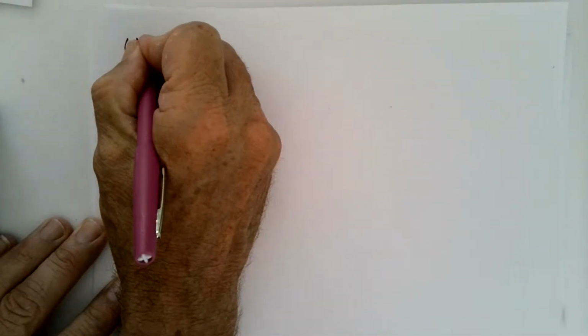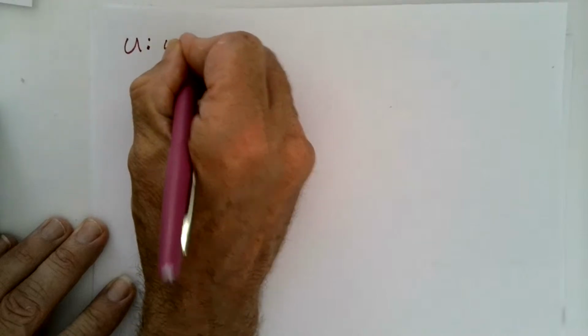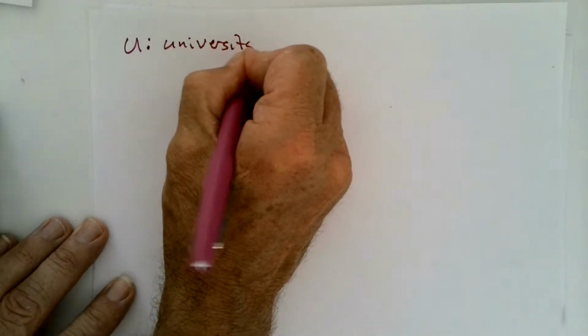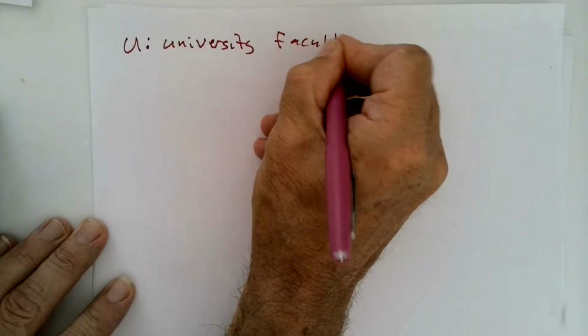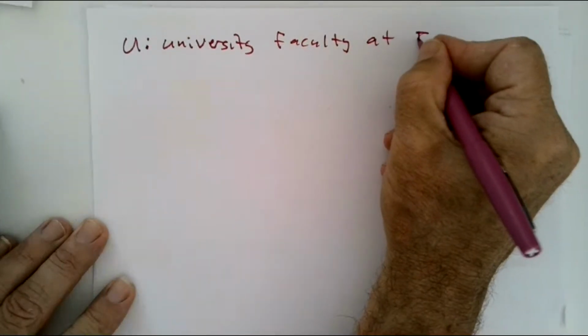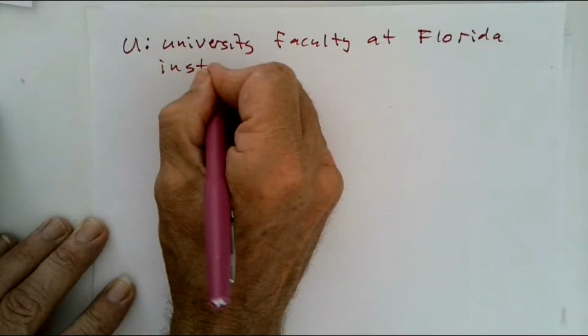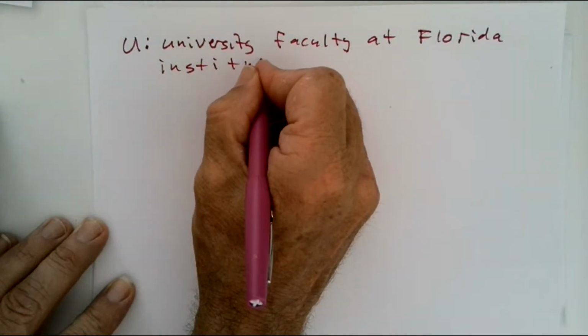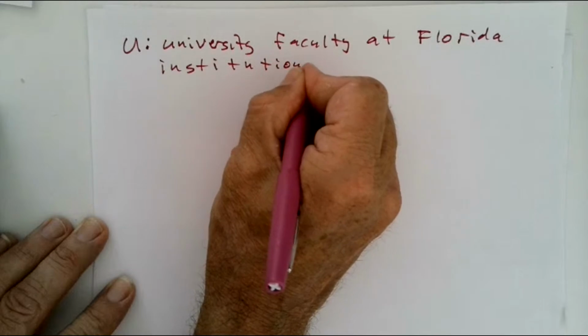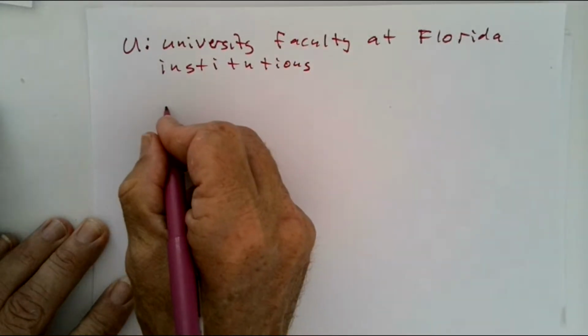All right. This time, our universal set U will be university faculty at Florida institutions. So we'll draw our box.